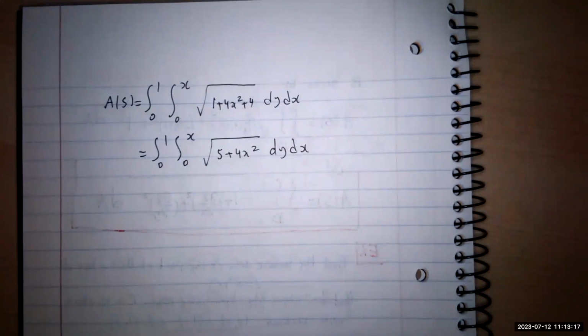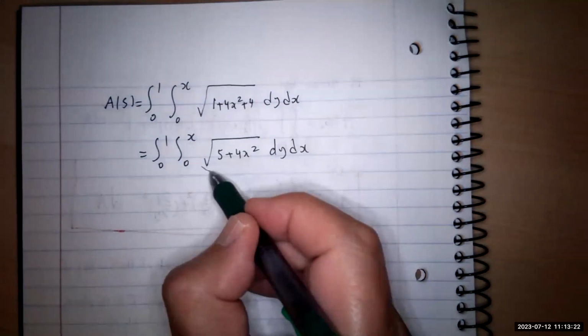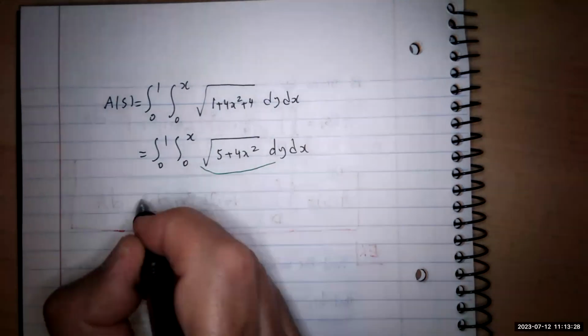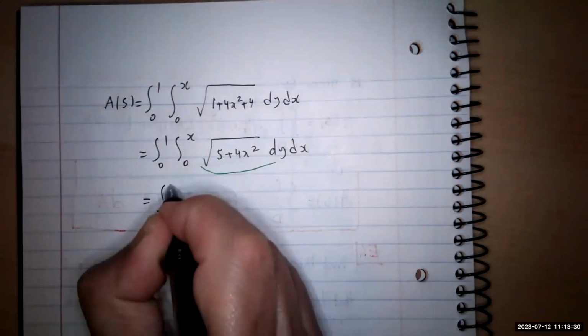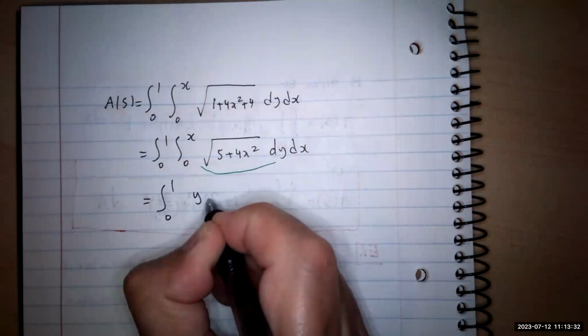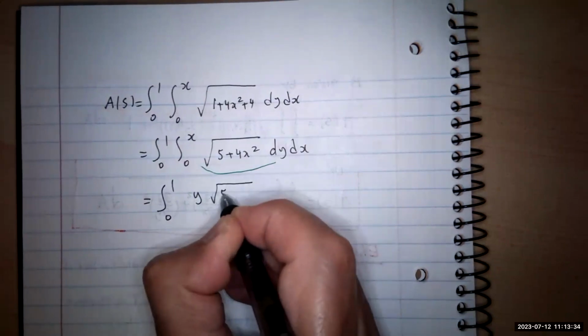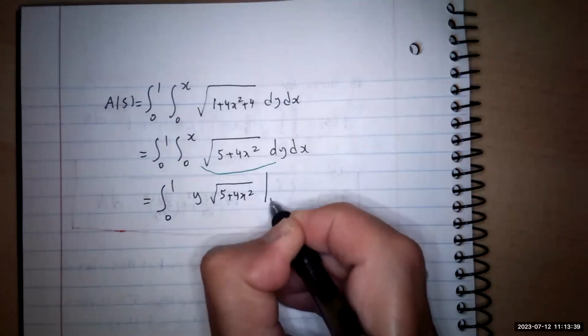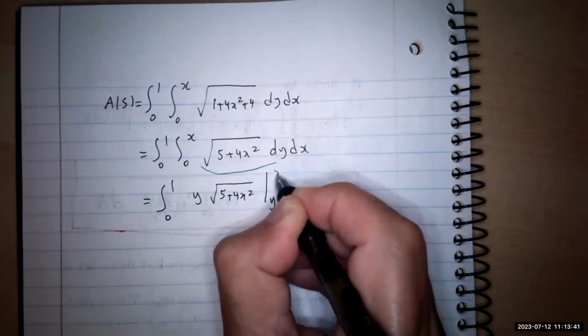Now we have to integrate with respect to y first. With respect to y, this is just a constant, so the integral would be just y. So it's y times the square root of 5 plus 4x squared as a number, with y going from 0 to x.